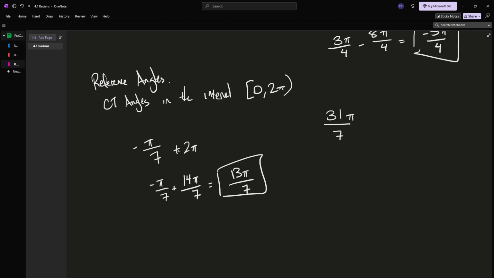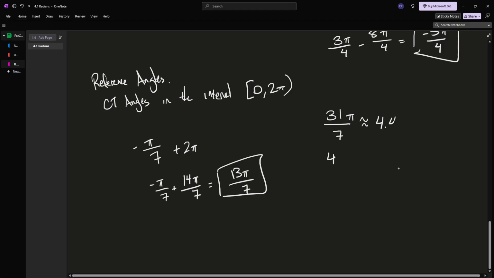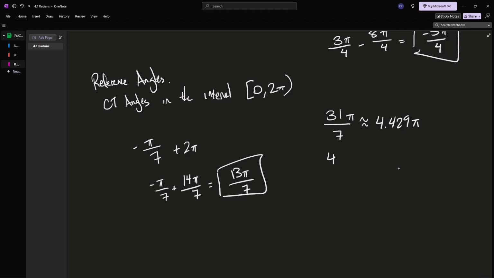A way to check is to get the coefficient of pi, the number in front of pi, so 31 divided by 7, and plug into the calculator. It won't be a clean number, but 31 divided by 7 is around 4.429 pi. And that's clearly bigger than 2 pi, but we'll get to that in a bit.